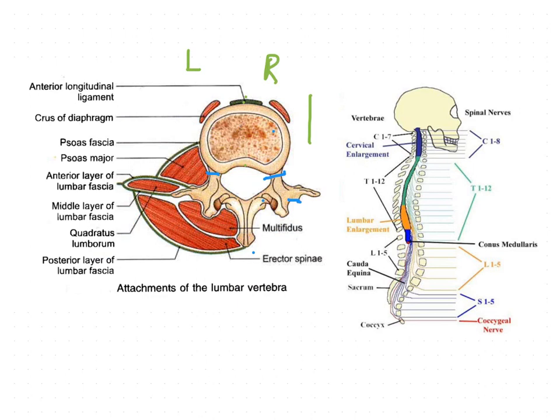These are all the primary ossifications. Coming to the secondary ossifications, there are 7 secondary centers. One is an upper annular epiphysis for the upper surface of the body, and a similar epiphysis for the lower surface of the body.